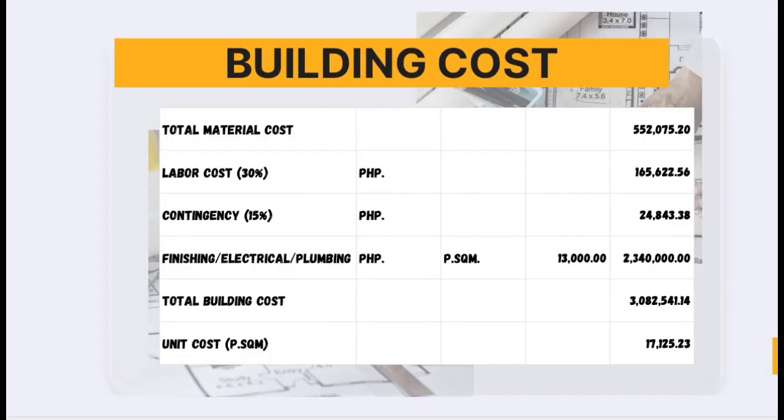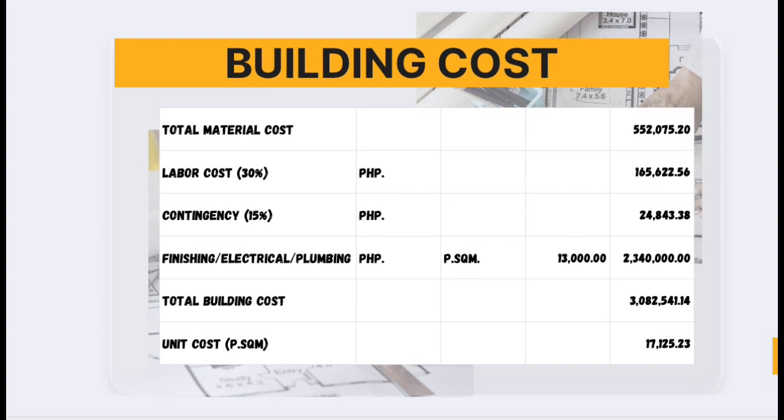Moving on to the cost estimate, the total project cost for the construction of this two-story residential building is 3,082,541 in Philippine peso. This cost includes all construction materials, labor, and necessary finishes, and was calculated using the local market prices.